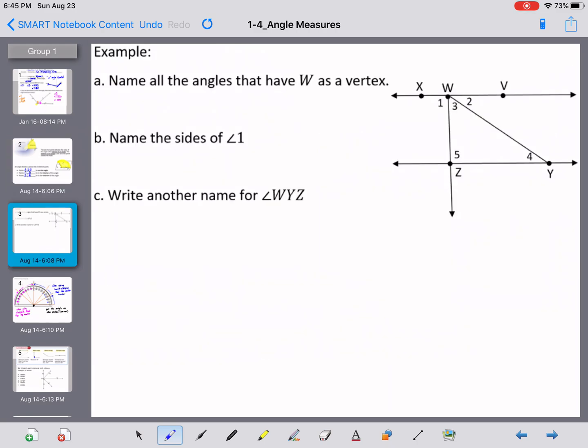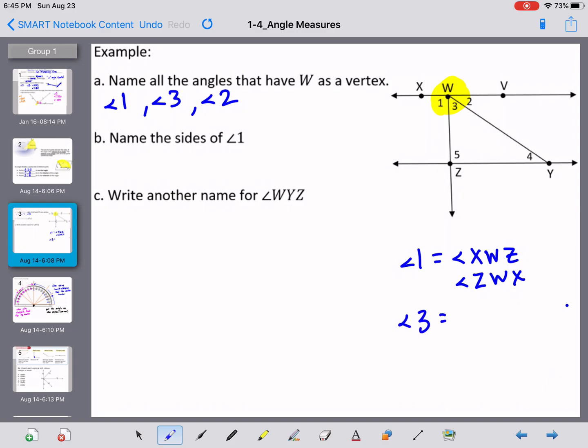Okay, so we got some example problems here. Name all the angles that have W as a vertex. Here's W. So I got angle 1, angle 3, and angle 2. That would be okay. And for some clarification, angle 1 is the same thing as XWZ, or if you want to switch that and say angle ZWX, you could.